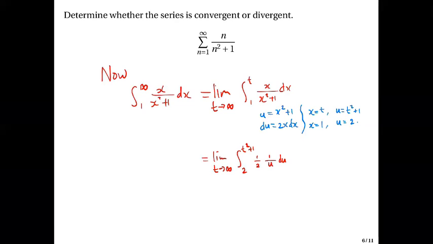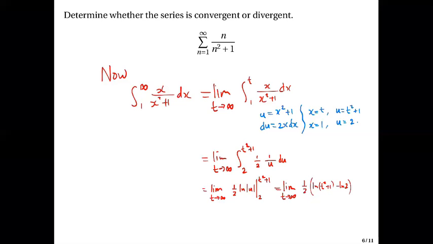So evaluating, you have the limit as t approaches plus infinity of 1 half ln absolute value of u from 2 to t squared plus 1, which is equal to the limit of 1 half quantity ln of t squared plus 1 minus ln of 2.